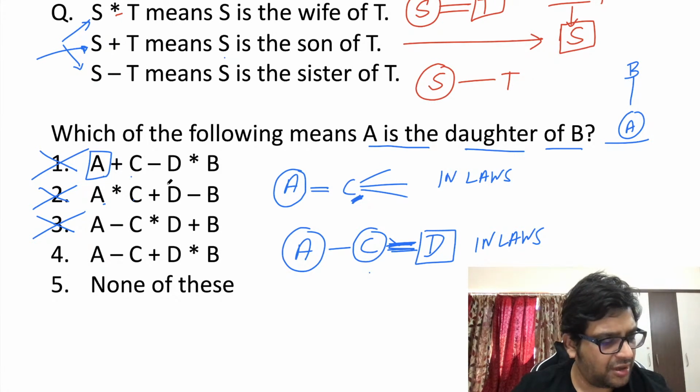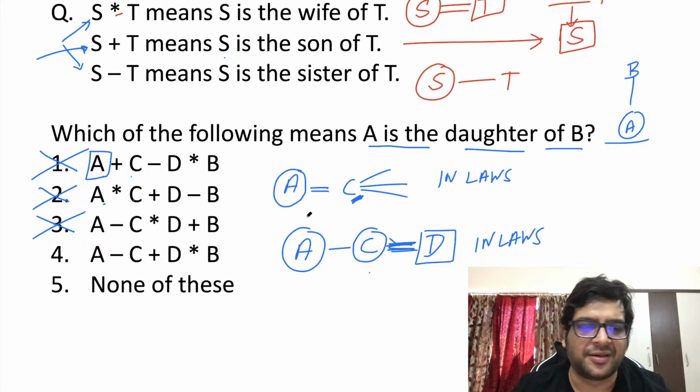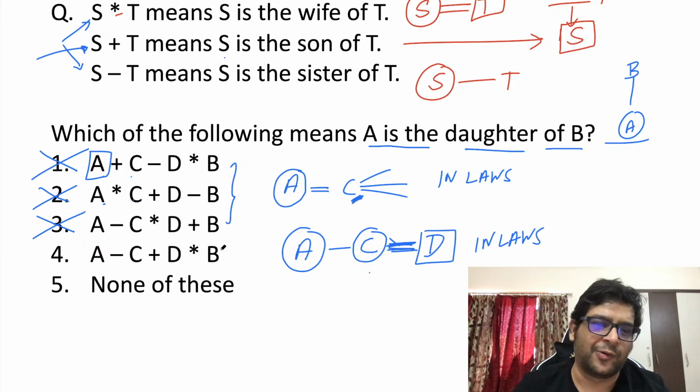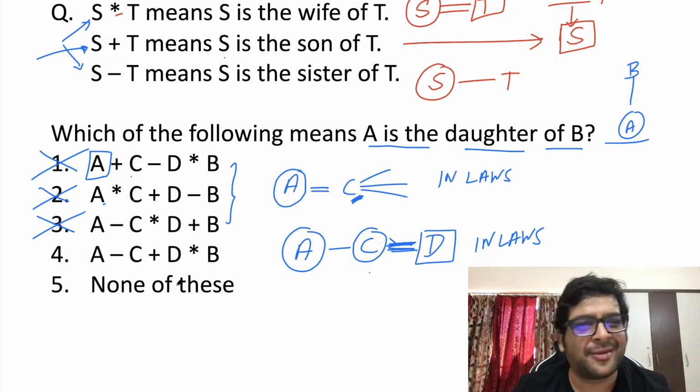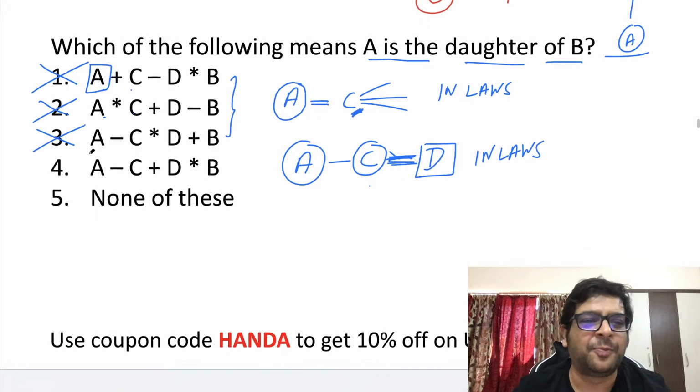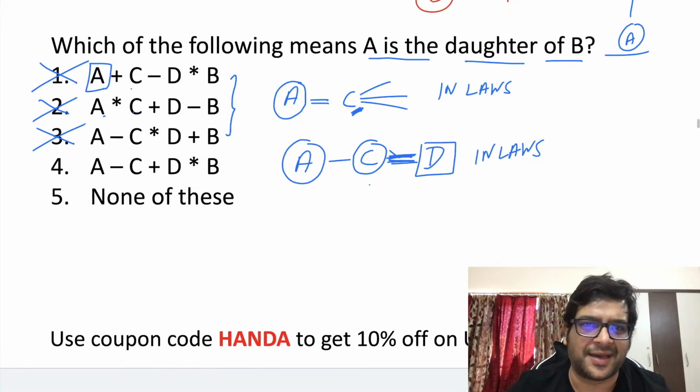So how are you able to get to the answer in this case? Definitely 3 are ruled out. I would have preferred if there were only 4 options, I would have marked 4 and so on. But since there is a none of these, I need to prove whether the fourth one is correct or not. So let's check that.